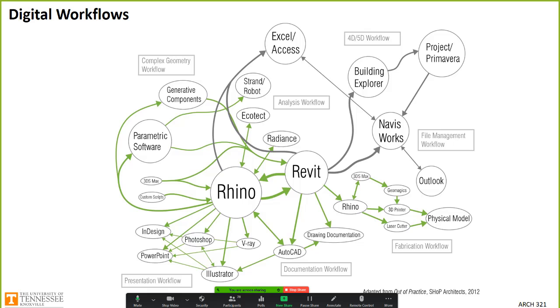Or there are possibilities for being consultants. A lot of architects work as consultants, especially in the analysis workflow or even the complex geometry workflow, though a lot more architects are having those as standard skills inside their offices nowadays.